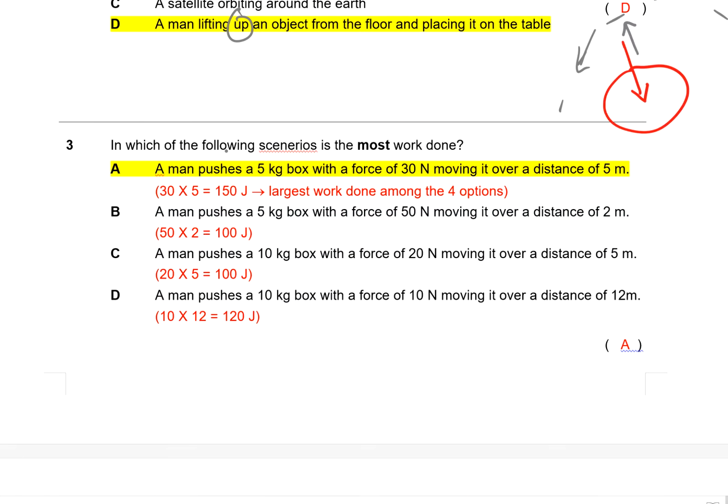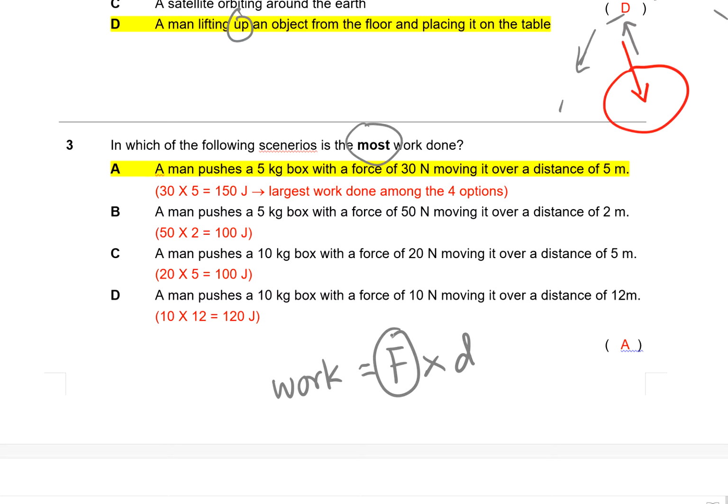Question 3, if you want to know which one is the most work done, you need to calculate for all the 4 options. Now you need to note that the formula to calculate work done, you will take force multiplied by distance. Now this force is the amount of force you apply on the object.